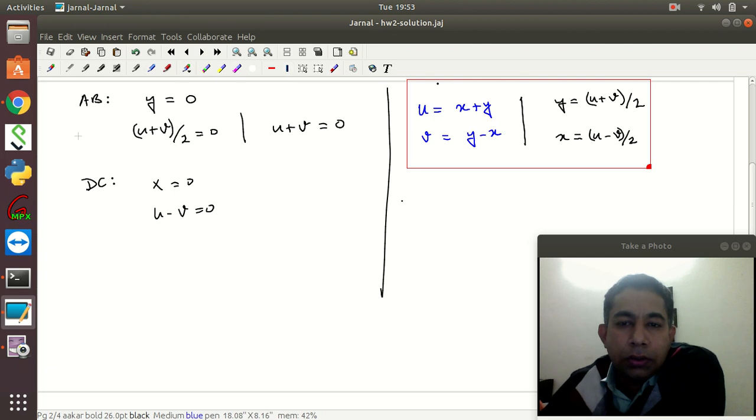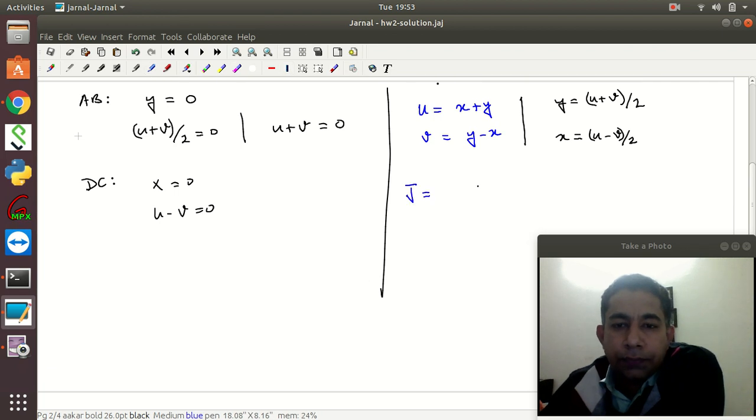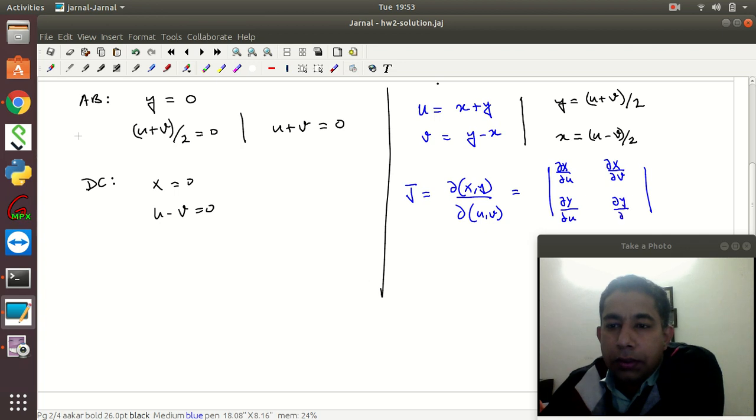So the Jacobian is del(x, y) with respect to del(u, v), that is the determinant of del x del u, del x del v, del y del u, del y del v.